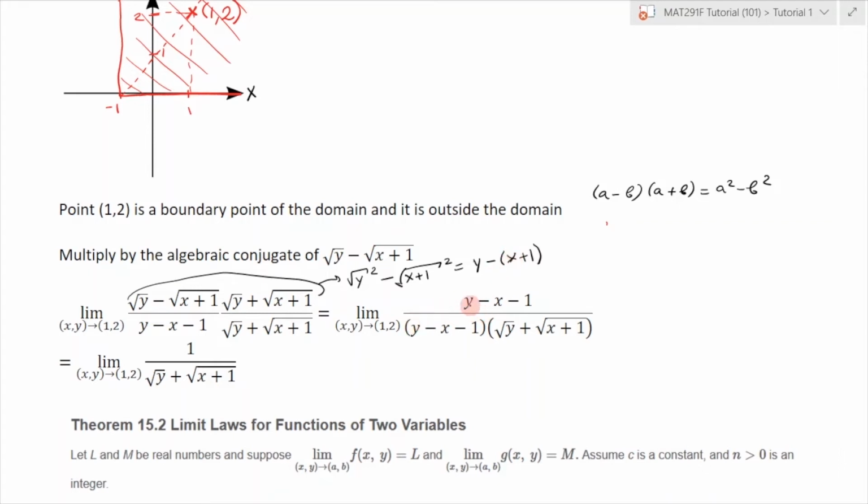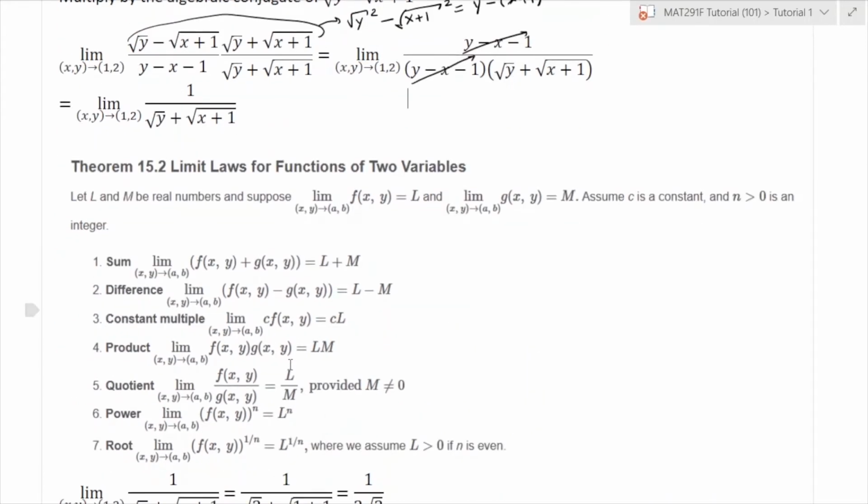So then this becomes y minus x minus 1 once we expand this out. The denominator is just the product of these two things. Then this part cancels, and we're left with 1 over this guy.